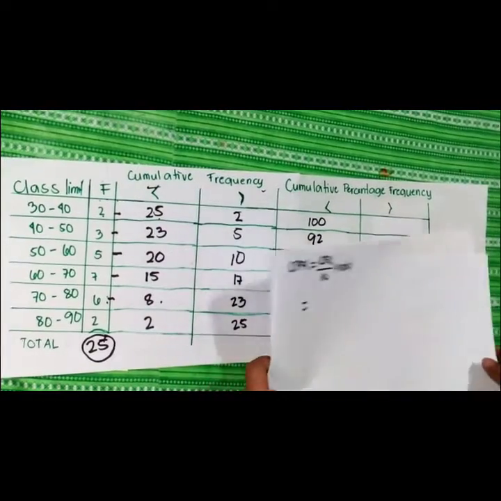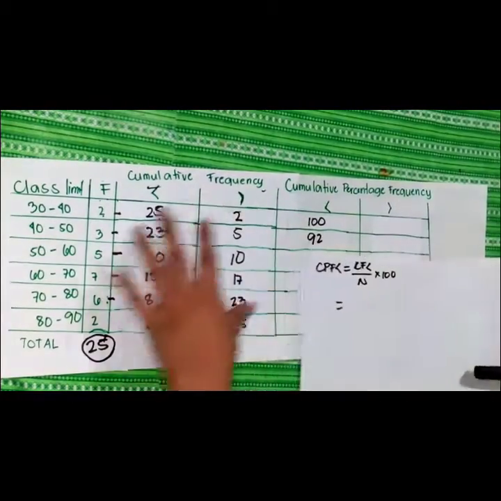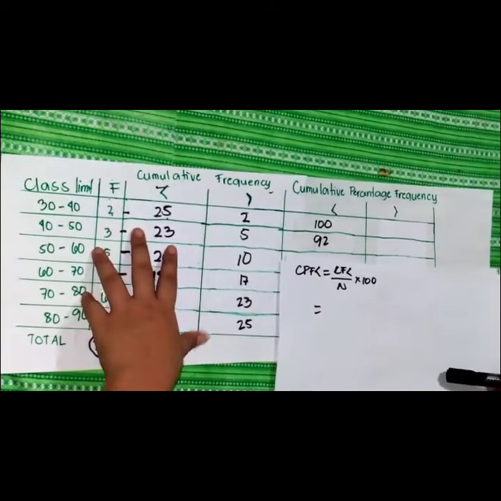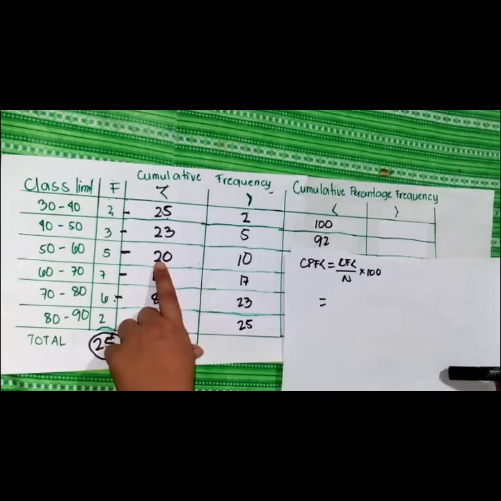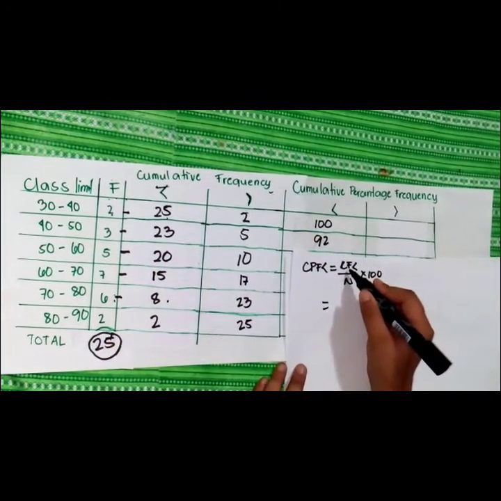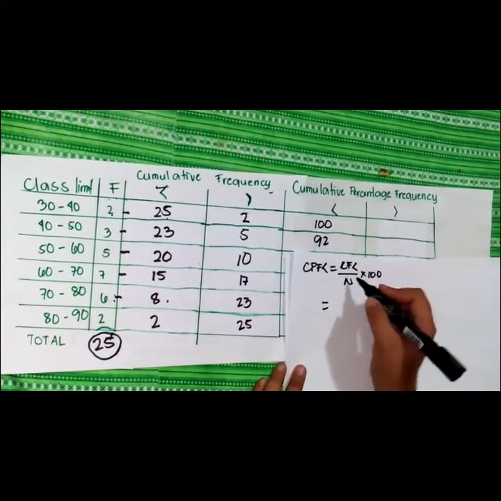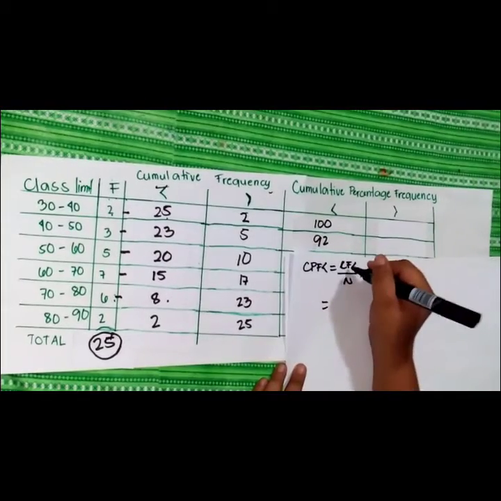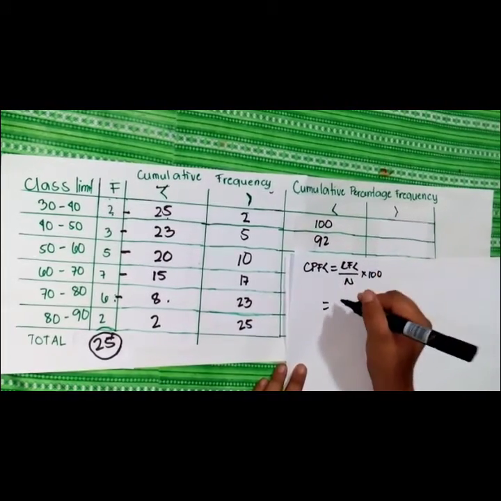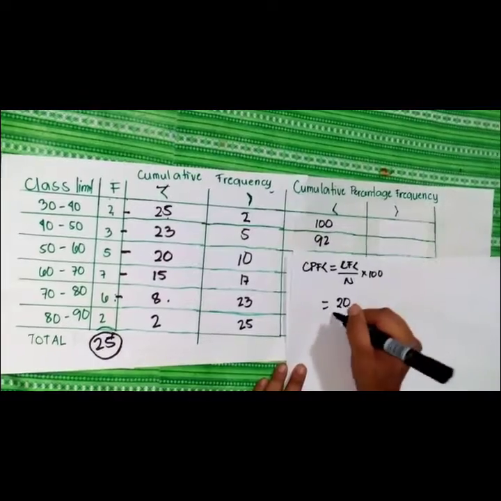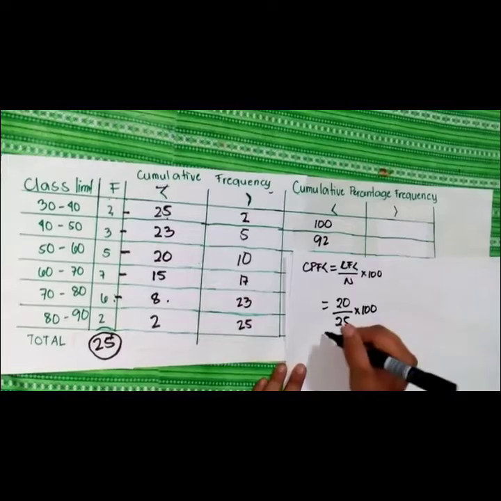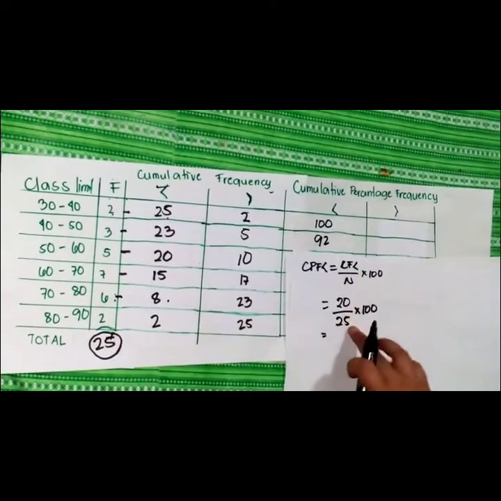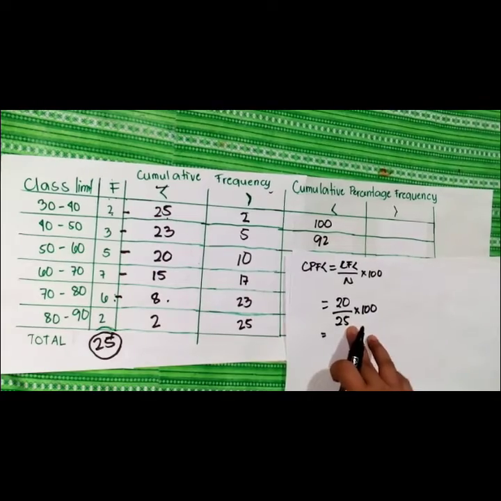In the third row of cumulative frequency, we have 20, because this is the cumulative frequency lesser than. So we write 20. We have a number of cases, 25. So 20 divided by the number of cases, 25, is equals to 0.8.